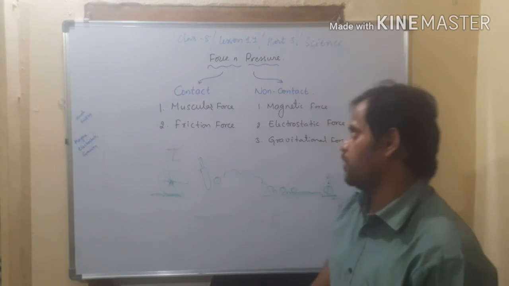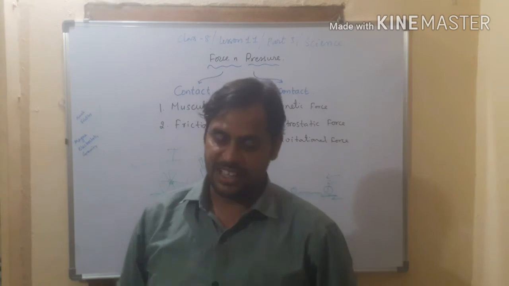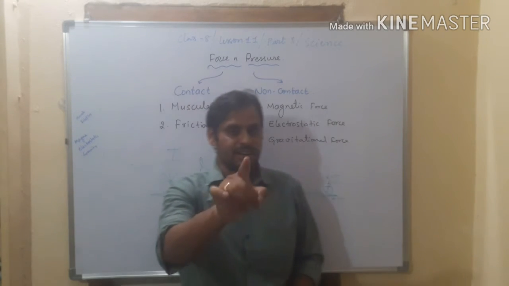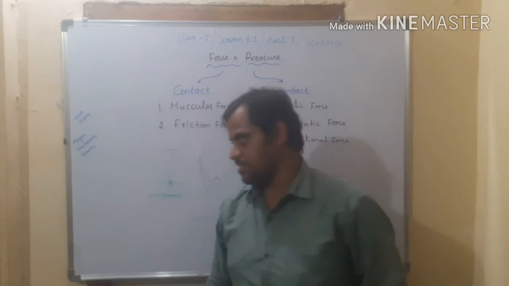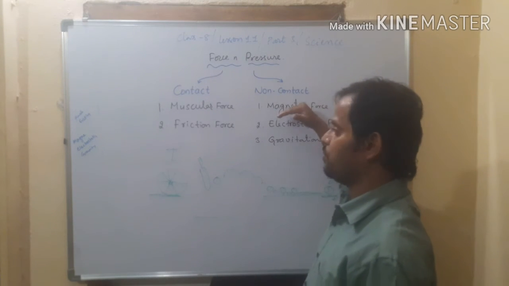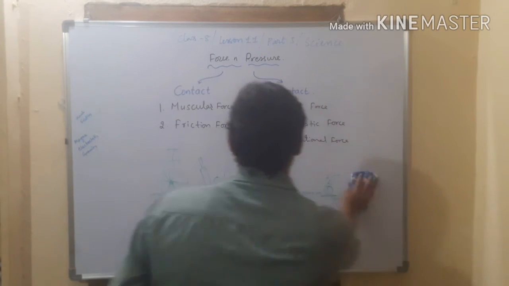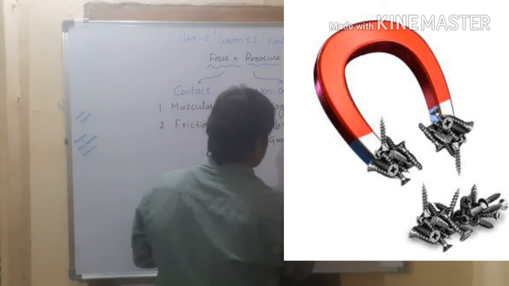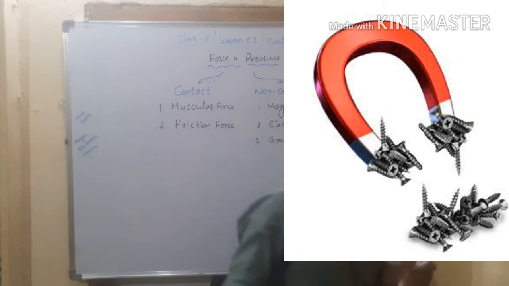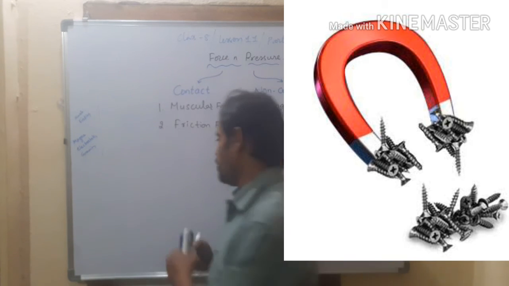Let us see how it is possible. First one is the magnetic force. I think you know very well about magnets, and you studied them in your earlier classes, right? So magnetic force. Here a magnet is a mixture of metals, and magnets show attracting and repelling characters.